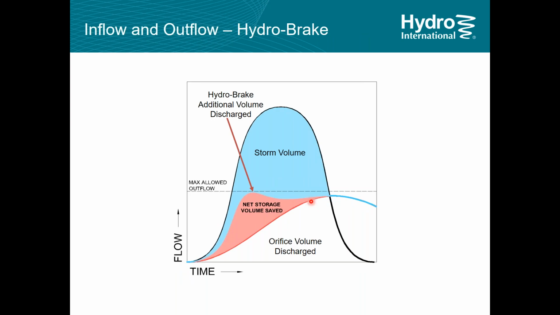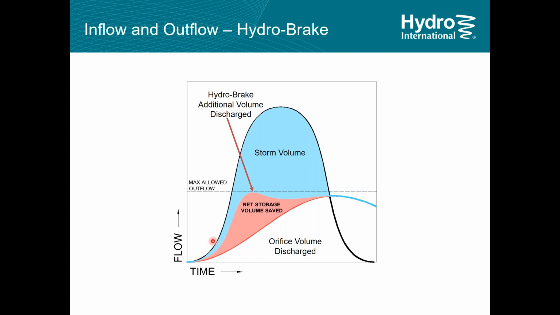When you take the hydrograph and the discharge curve for a vortex valve and overlay the two, what the vortex valve allows you to do is get up to your maximum allowable discharge faster, stay closer to that for longer, and then over a shorter period drop off back to original base flow.